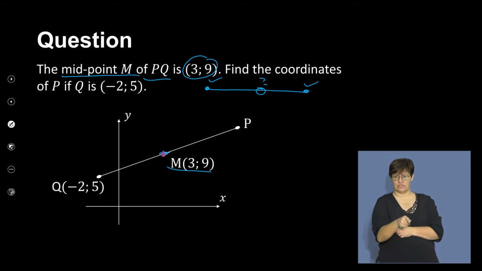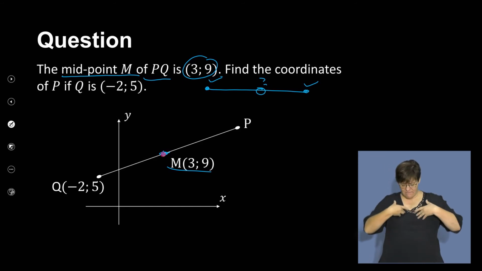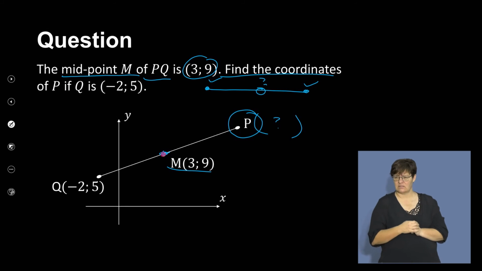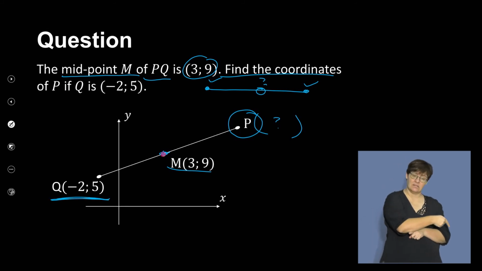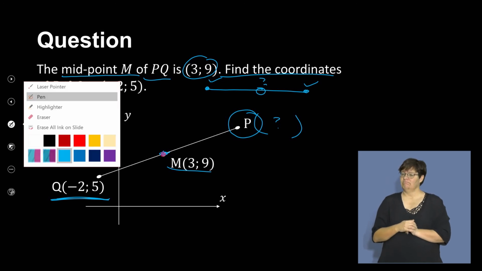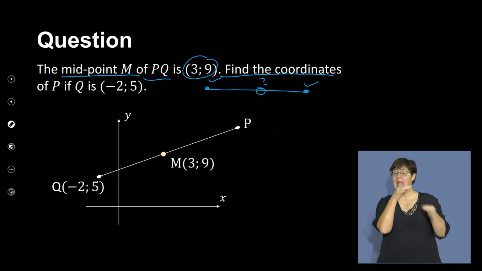So it's already different from the previous question, because there they wanted us to find the midpoint. And they say find the coordinates of P if Q is equal to -2 and 5. Let me erase a little bit of this so that I can make more sense of what I'm trying to say.